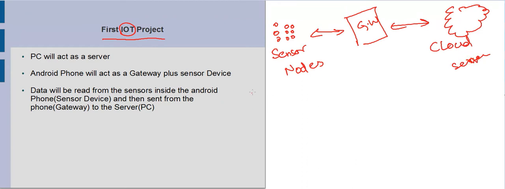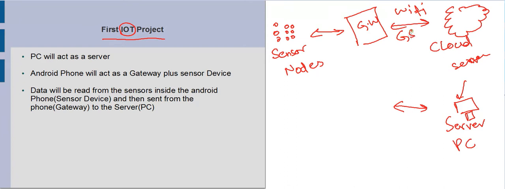In our case, we are going to use our personal computer as the server. The server is going to be our PC, and our gateway is going to be our Android phone, because normally there is Wi-Fi, or as we said, Wi-Fi or GSM or UMTS communication between these two.